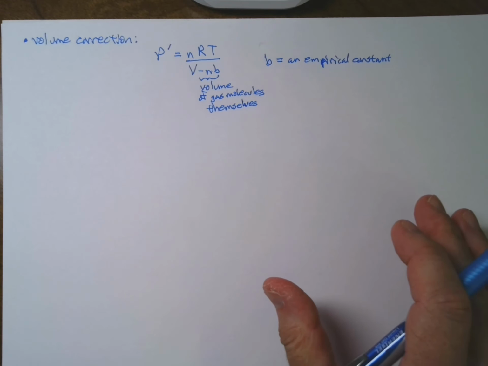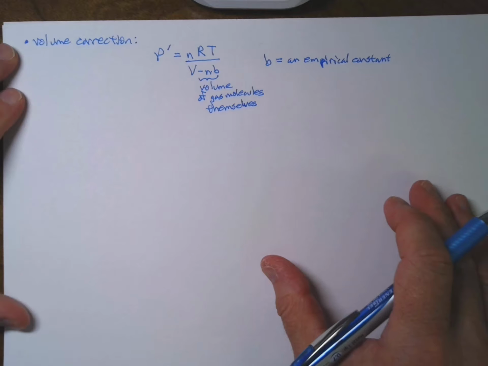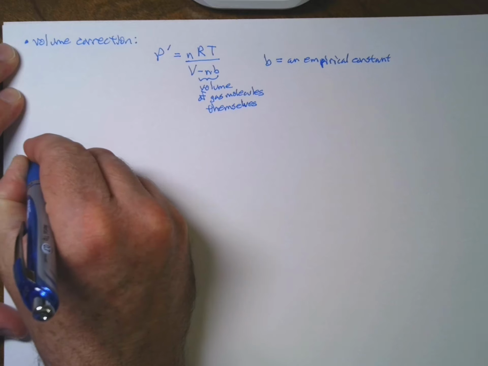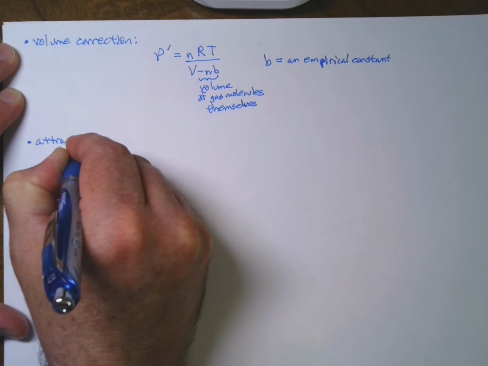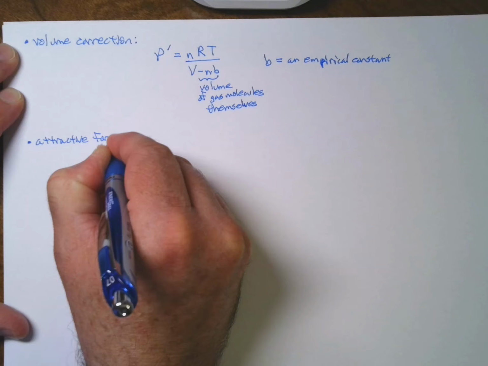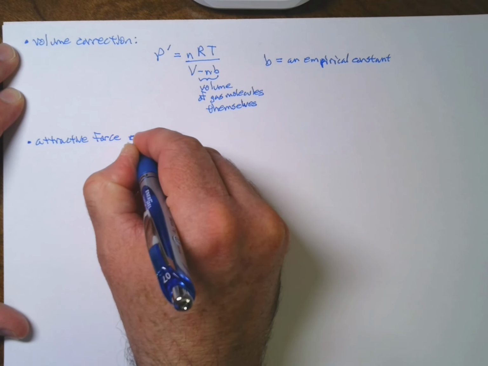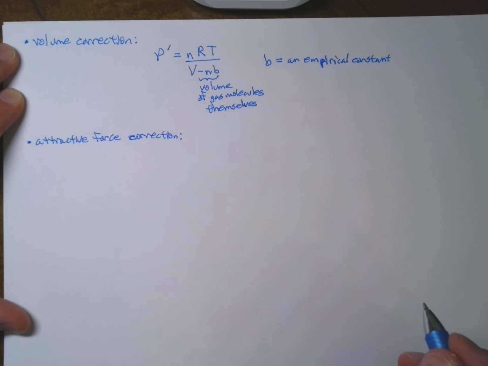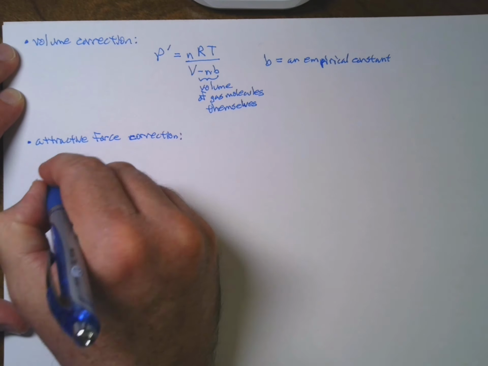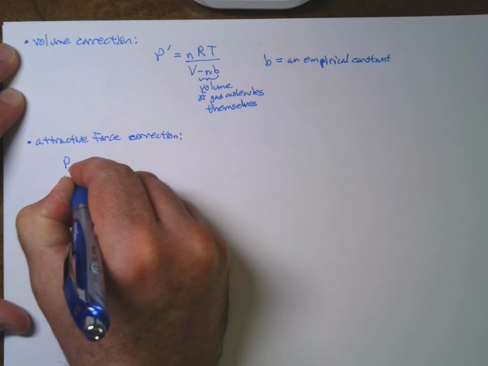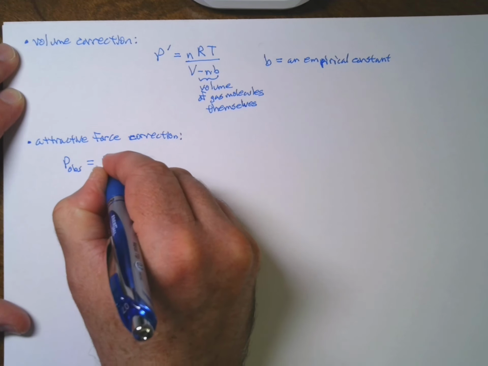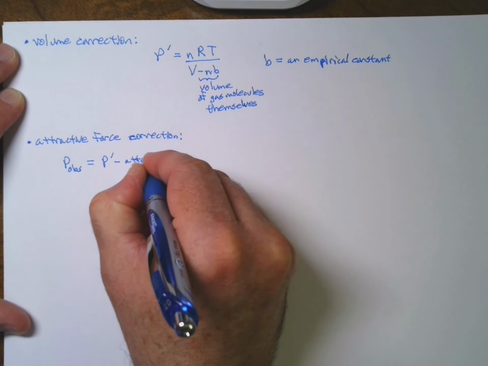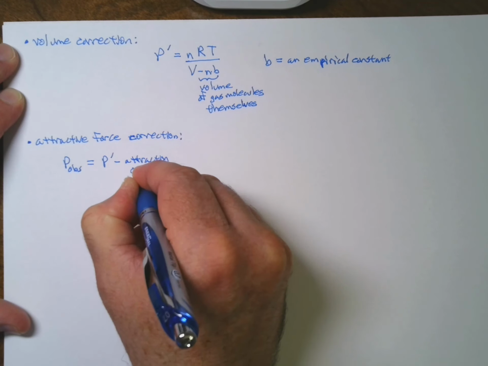Now, we also need a correction factor for the attractive force correction. Okay, so if we have some observed pressure, that's going to equal P prime minus our attraction correction.